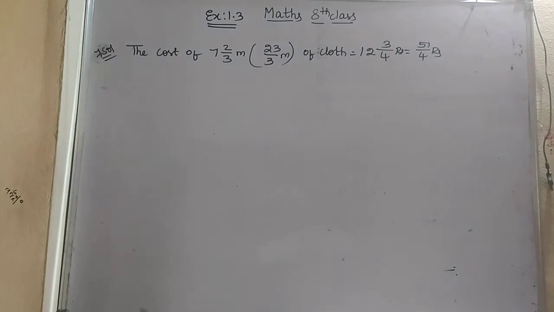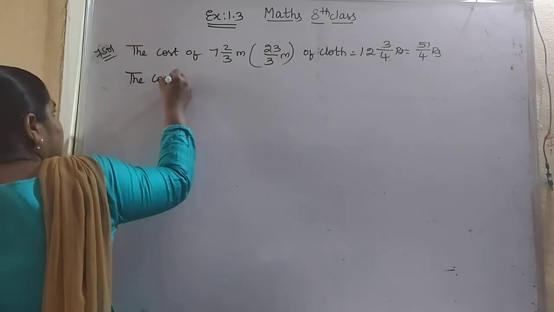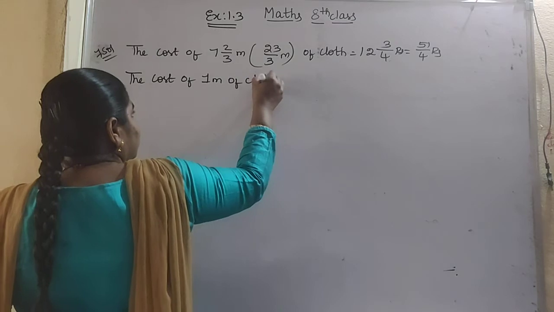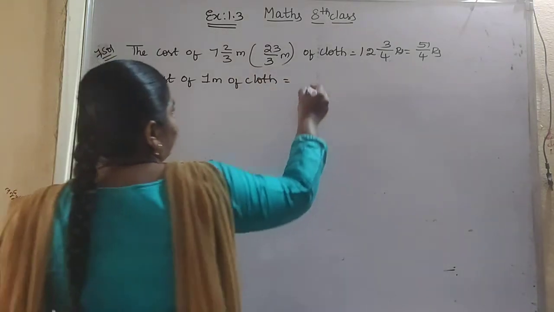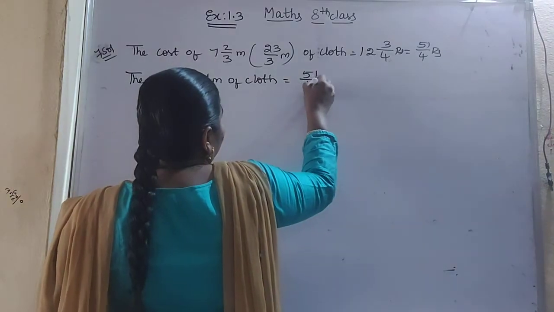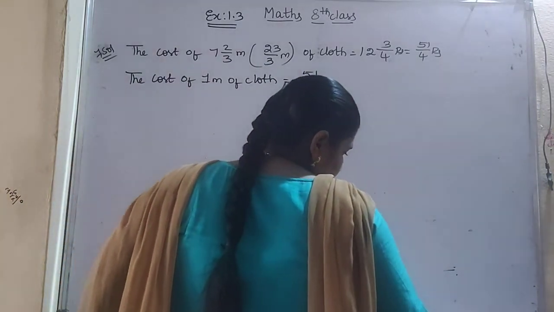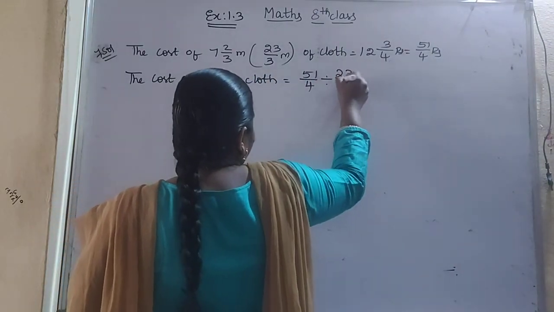Okay. Now what we have to find? We have to find the cost of 1 meter of cloth. The cost of 1 meter of cloth is equal to, so what we have to do? We have to divide this 51/4 by 23/3.